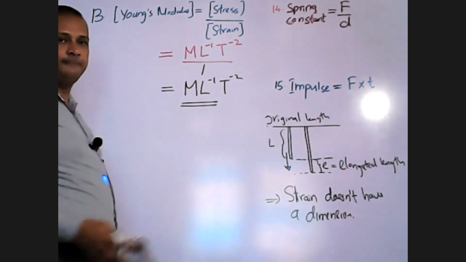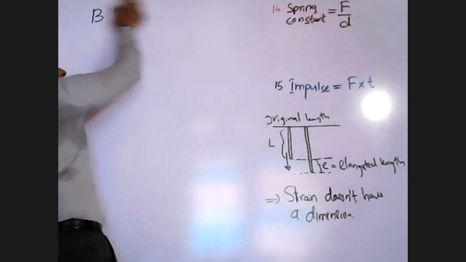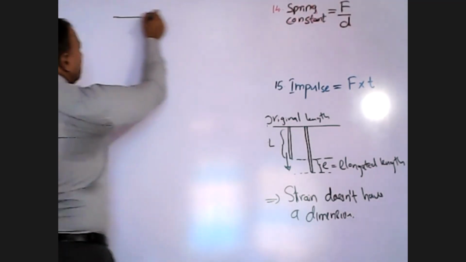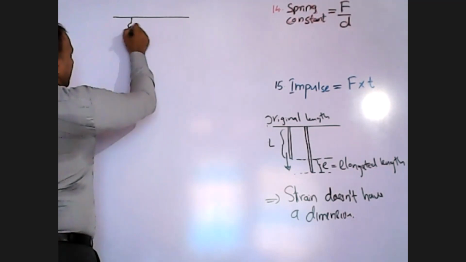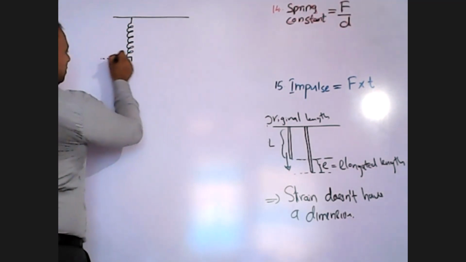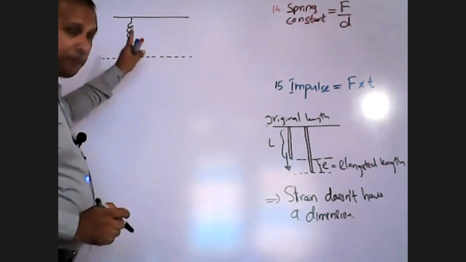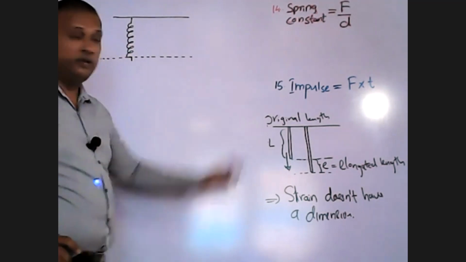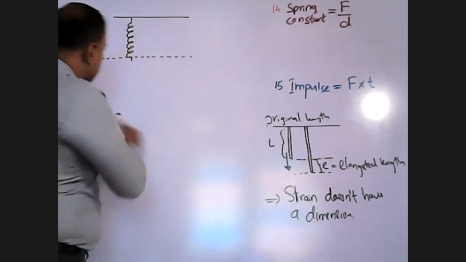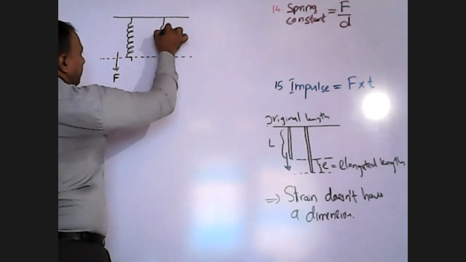The spring constant. Suppose there is a spring, and we have applied a force equal to capital F on this spring. Once we apply a force in the downward direction, the length of the spring will increase.